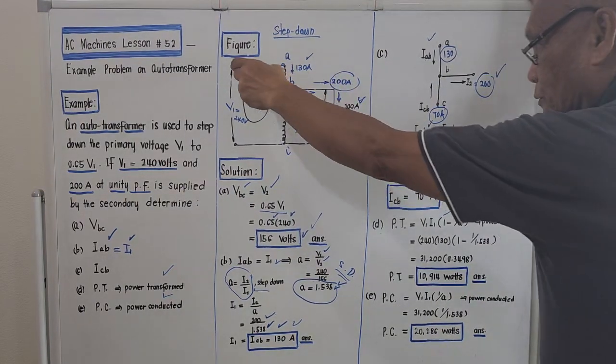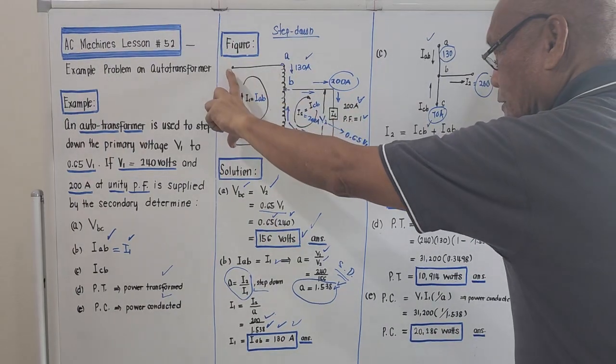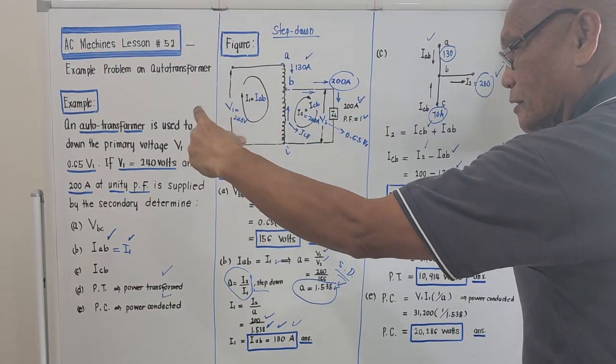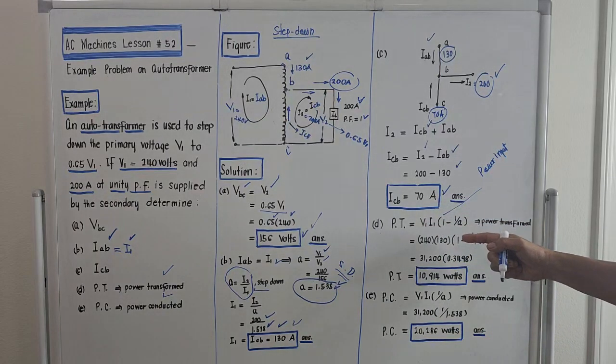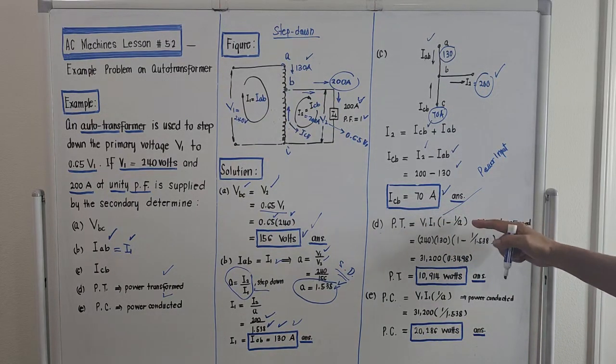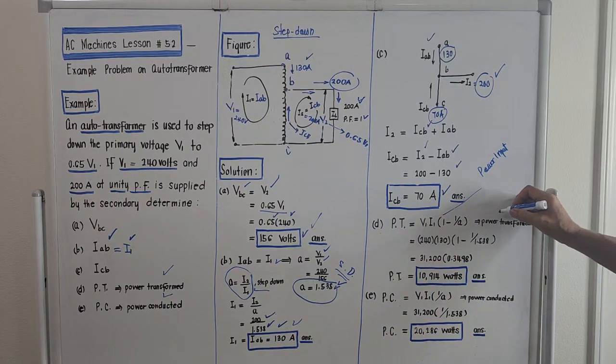The product of the total current coming in and the voltage across this is the total input power. And if we multiply this by the quantity 1 minus 1 over A, we derived this one the last time around. We call this one power transform.